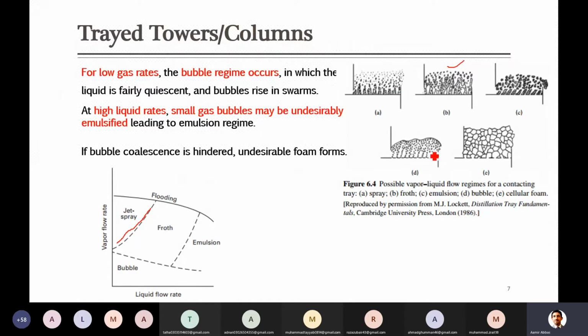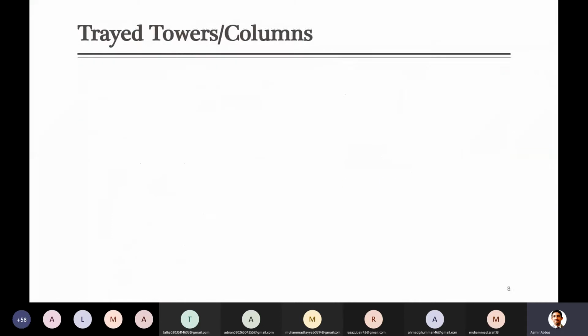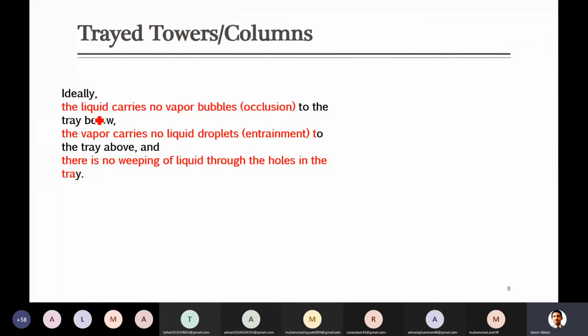In these cases, you can see that when liquid is going down, it contains some bubbles inside. In this foam there will be liquid bubbles, and they are trapped and will be going down with the liquid towards the bottom. So it should be only liquid, it shouldn't trap any vapor. Under normal conditions, liquid should carry no vapor, and this is called occlusion.